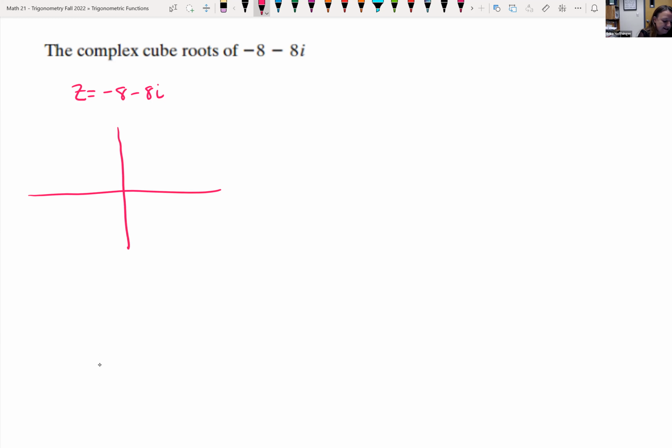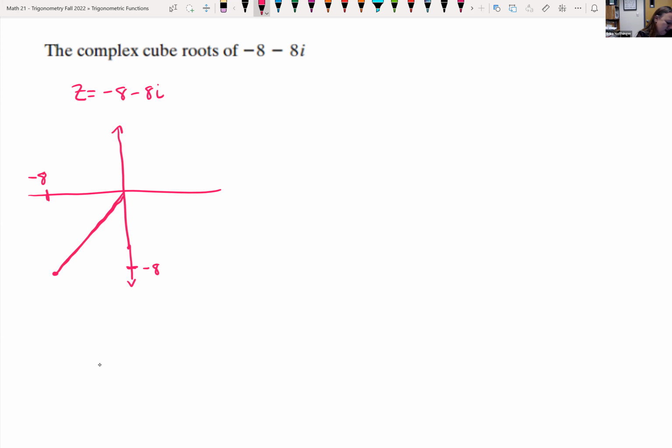So my real part is negative 8. So I'm going to go over 8 on the horizontal axis to the left. And I'm going to go down 8 on my imaginary axis. And so I'm in my third quadrant here.